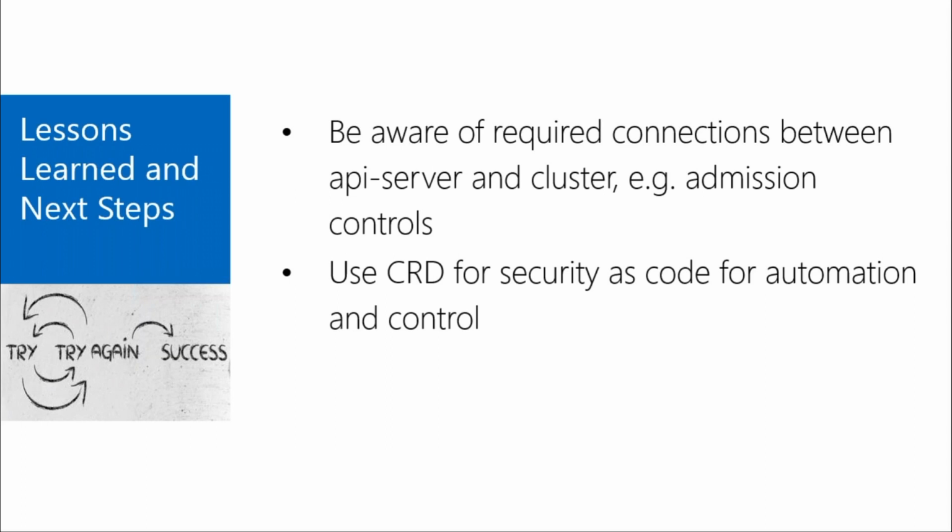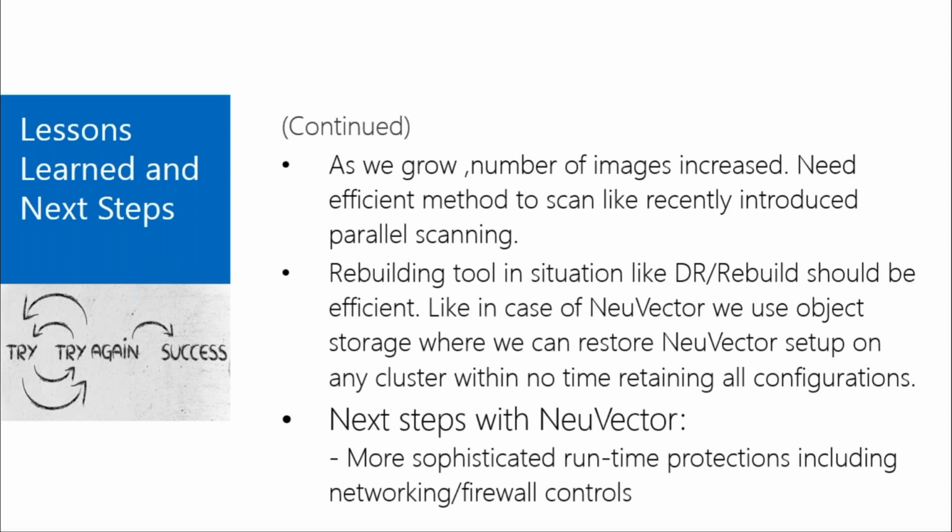All the policies should be pulled inside our toolchain and, as per requirement, get pushed. There were a few other things which have a global impact. For example, when we started, we had a few hundred images. They were not many. But as you grow, the number of images keeps increasing, and scanning of each image becomes much more critical.